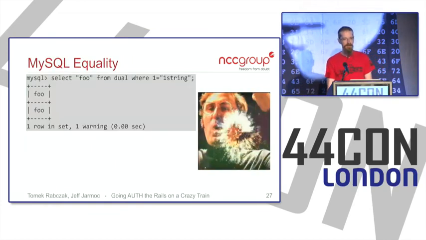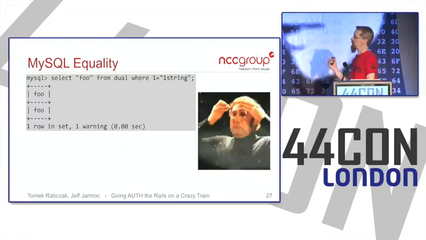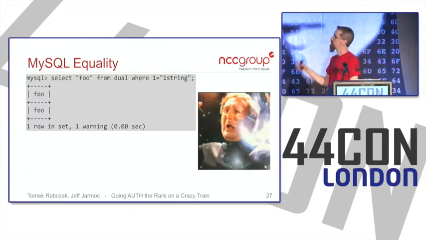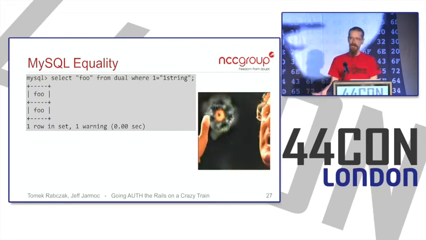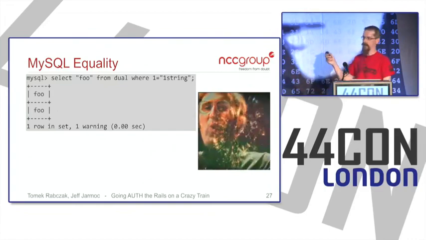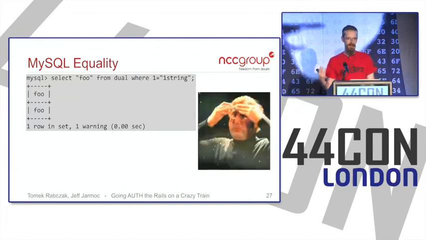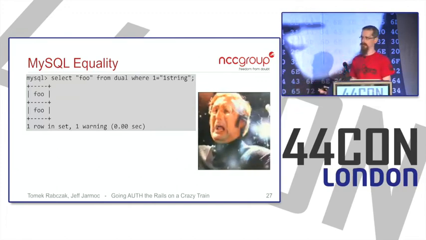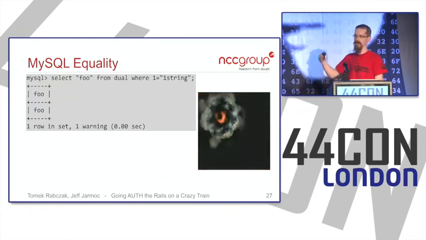Where the problem comes from is actually MySQL's equality operators. In the example here, if we just do select foo from dual where 1 equals '1string', it actually returns true, which is really confusing. The integer 1 compared to the string '1string' returns true, just because the leading digit is the same as the integer.